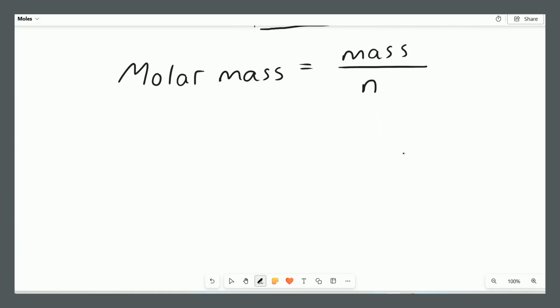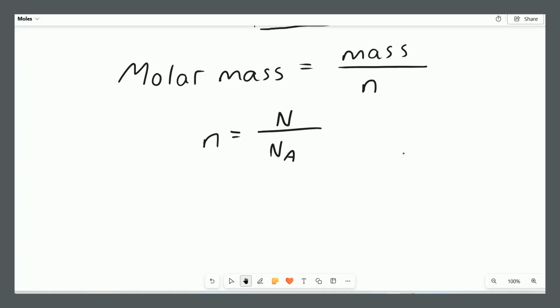And when we're talking about number of particles, we use an uppercase N. So the number of moles itself is defined by the number of particles divided by Avogadro's constant, sometimes depicted as capital N subscript A, sometimes depicted as capital N subscript 0. Capital N by itself is the number of particles.